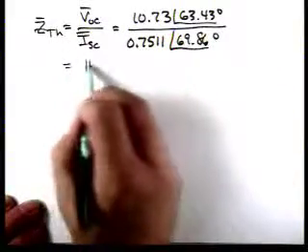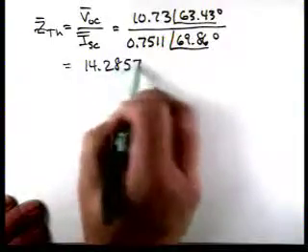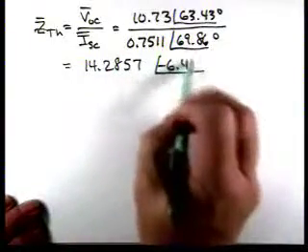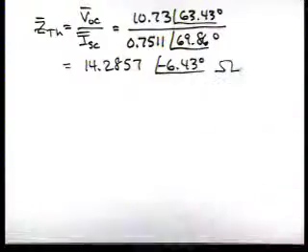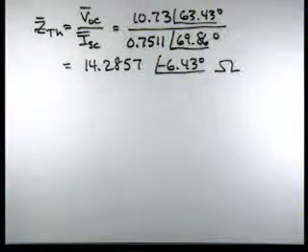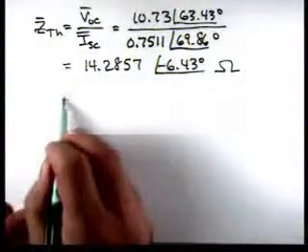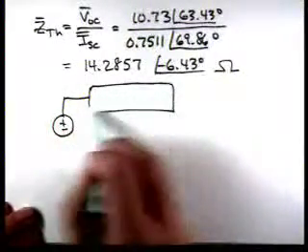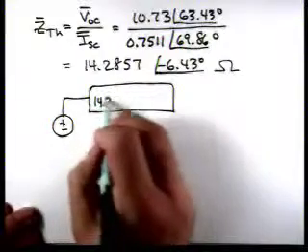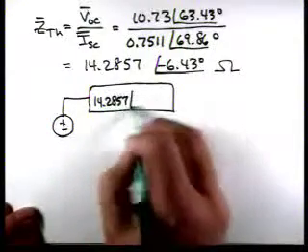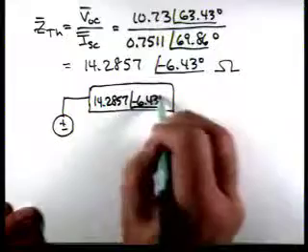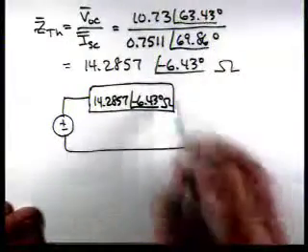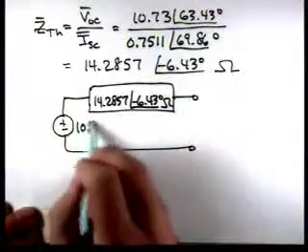That gives us 14.2857 at an angle of minus 6.43 degrees. Now our Thevenin equivalent is this.